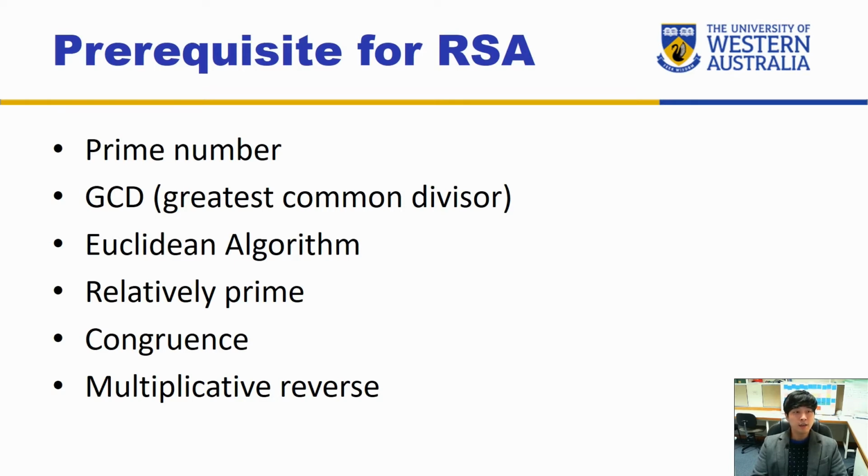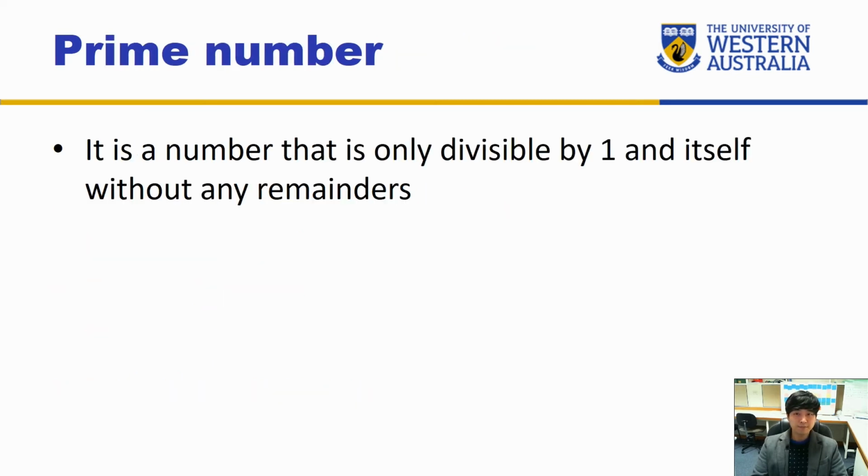We need to have good prime numbers, which are very hard to find or very large. We need to find the greatest common divisor. We need to know the Euclidean algorithm, relatively prime, congruence, and multiplicative inverse. Okay, so let's start with prime numbers.